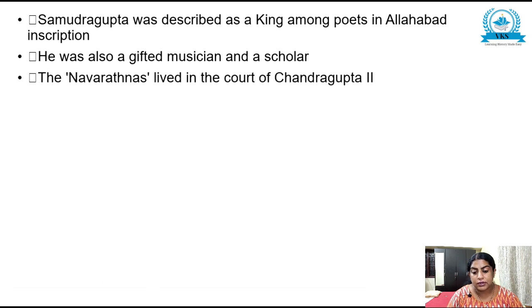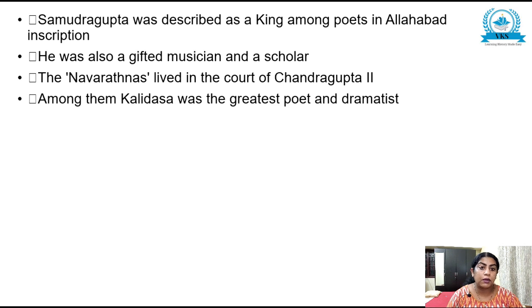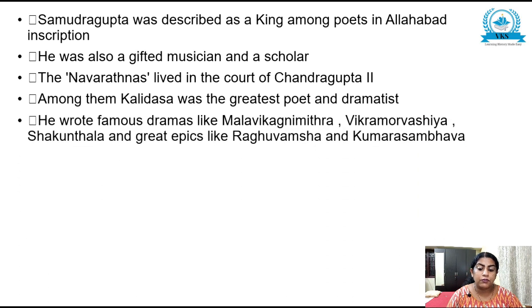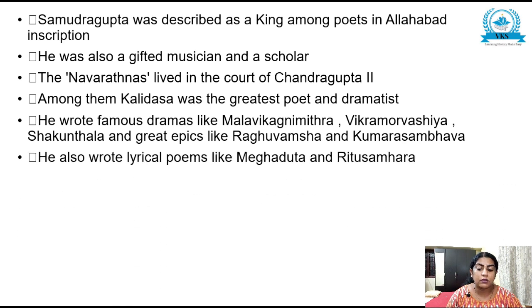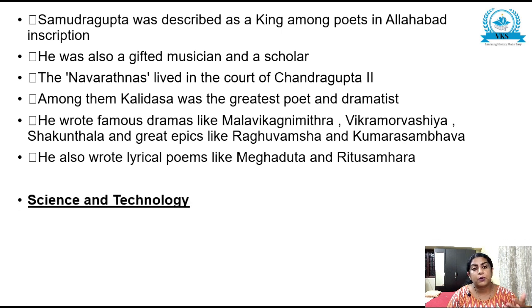The Navaratnas lived in the court of Chandragupta too. Among the Navaratnas, Kalidasa was a great poet and dramatist. He wrote famous dramas like Malavikagnimitra, Vikramorvashiya, Shakuntala and great epics like Raghuvamsha and Kumara Sambhava. He, that is Kalidasa, also wrote lyrical poems like Meghaduta, Ritu Samhara, etc. So that was the progress in literature.